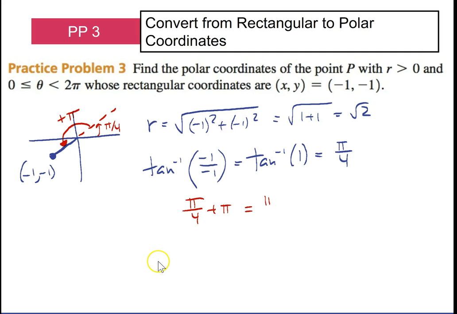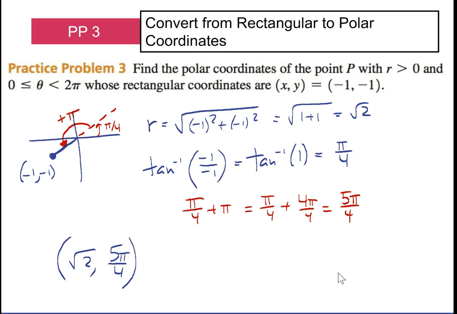Yes, we do have to get common denominators, so pi changes into 4 pi over 4, and voila, there is my angle measurement in radians, 5 pi over 4. So the answer is r equals √2 and theta equals 5 pi over 4. There it is, to finish it off.